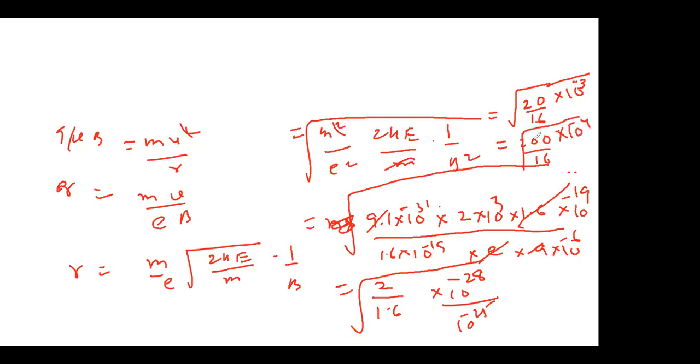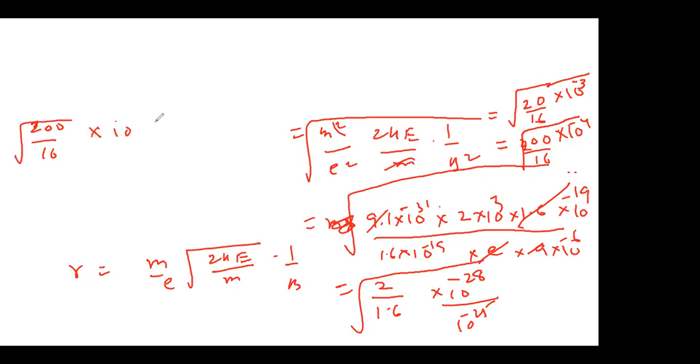This is now it is correct. 200 upon 16 into 10 raised to minus 4. Here I am writing. So 200 upon 16 in root into 10 raised to minus 2 meter.